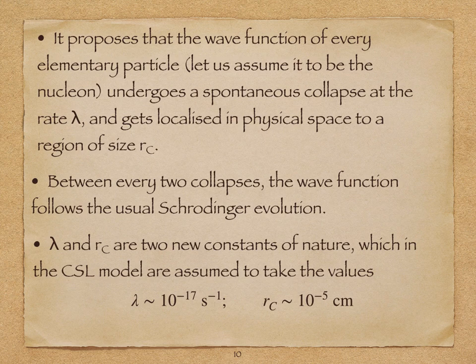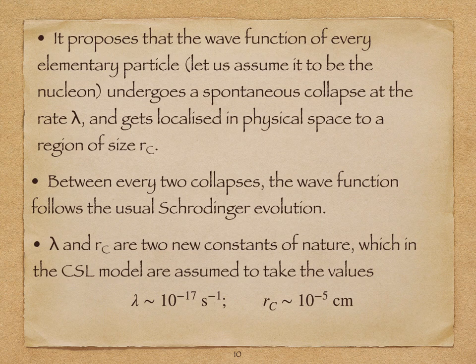These are the most conservative values which help in solving the quantum measurement problem. Any smaller value for lambda would make collapse models uninteresting because those values will not solve the measurement problem. Any larger values are okay, they'll be very efficient, but the larger the value of lambda, the more you are departing from quantum mechanics.